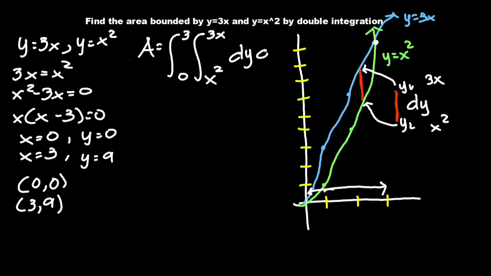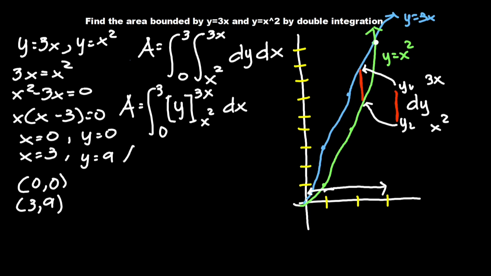Integrate this by dy dx. And so the area right here, the integral of dy would simply be y, with the upper limit of 3x and lower limit of x squared, of dx. And so replacing 3x and x squared within the y, it would be 3x minus x squared dx.